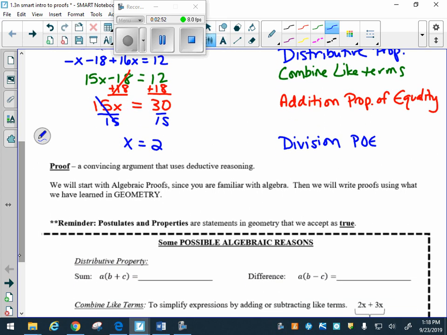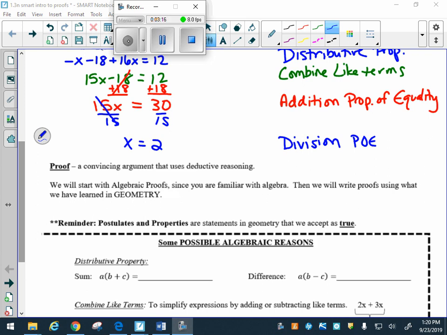A proof, in general, is a convincing argument that uses deductive reasoning. That's a very vague, short definition of a proof. And there's a whole lot more to proofs than that, because we have two basic types of proofs that we're going to be doing.